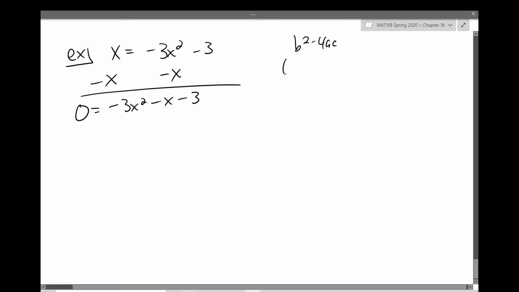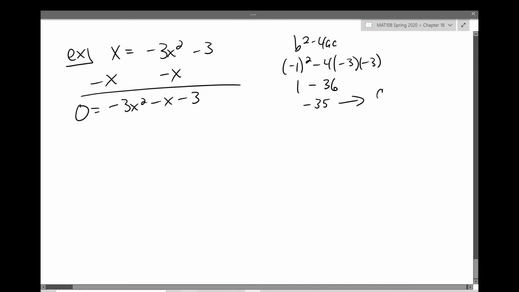So that's going to give me negative 1 squared minus 4 times negative 3 times negative 3. So that gives me 1 minus 36, which is negative 35. So here we can see that discriminant is negative.